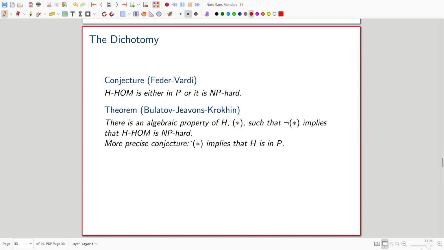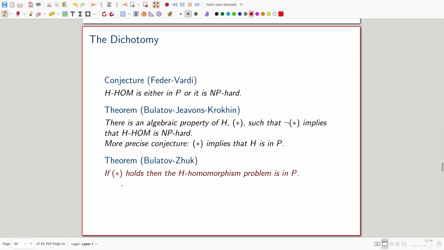And actually, they conjectured that if this holds, then the homomorphism problem is in P. So this should be, of course, H homomorphism. Okay, and then the main result is by Bulatov and Zhuk, who have shown that actually this is true, that if this algebraic condition is satisfied for H, then the H homomorphism problem is polynomial time solvable, and together with the above result, this verifies the conjecture.